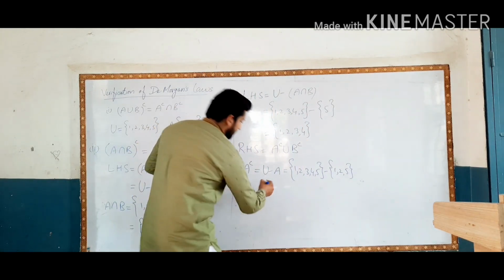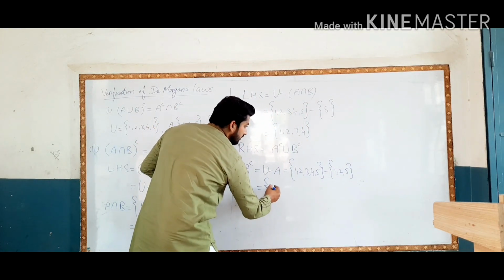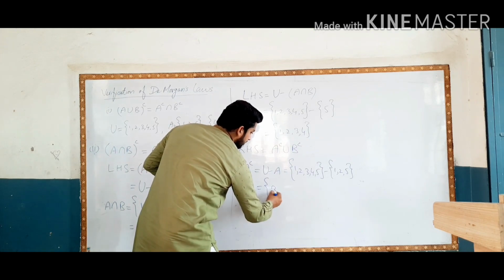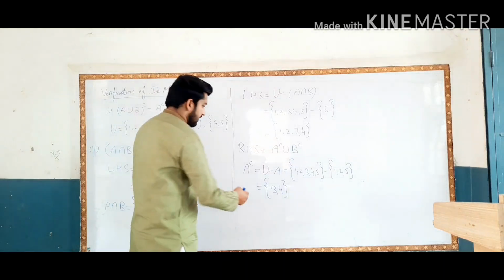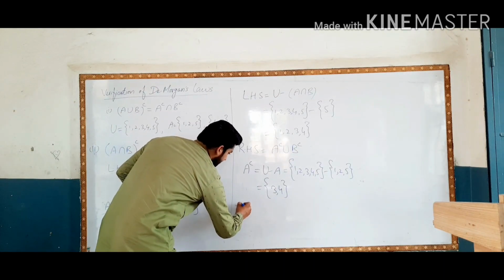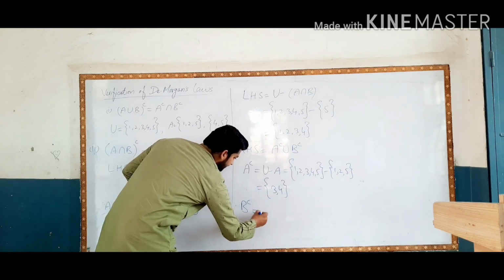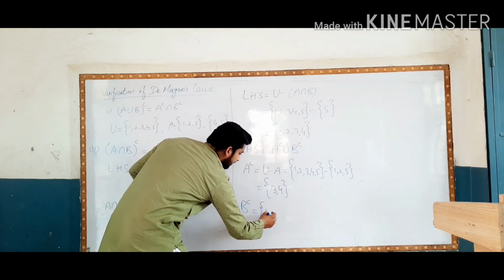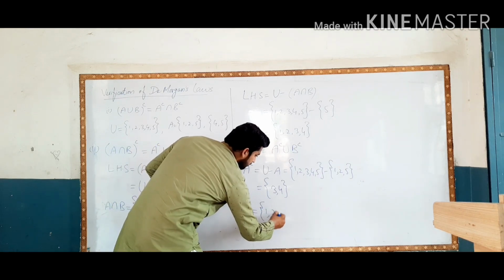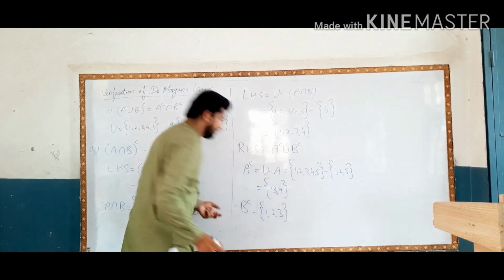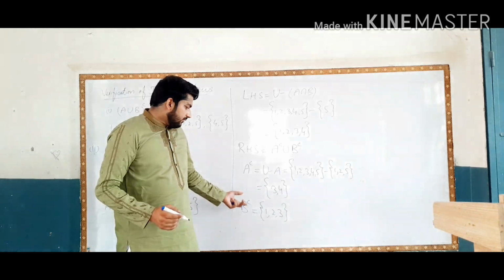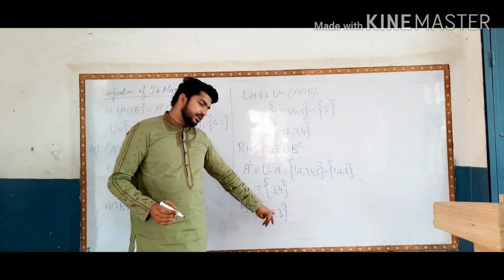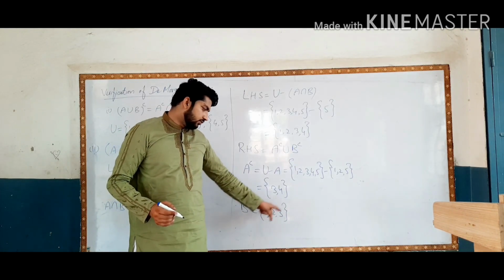Now we have A complement is equal to 3, 4. This is A complement, and B complement is equal to 1, 2, 3 because U difference B set. We have three elements in this set, 1, 2, 3.